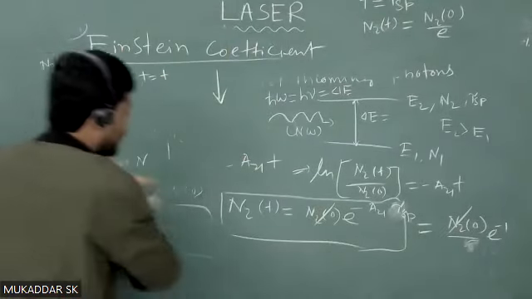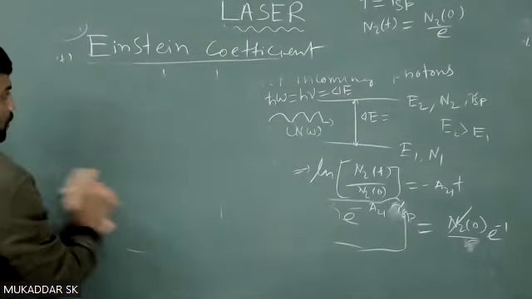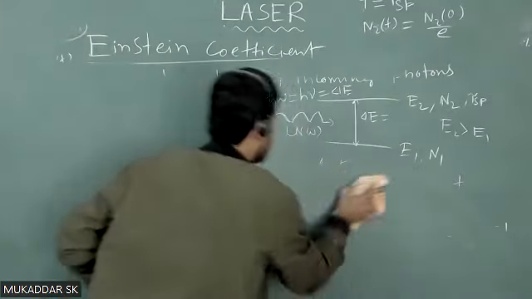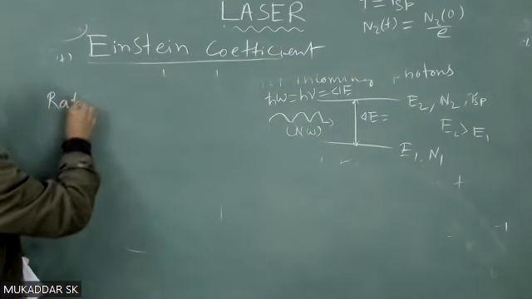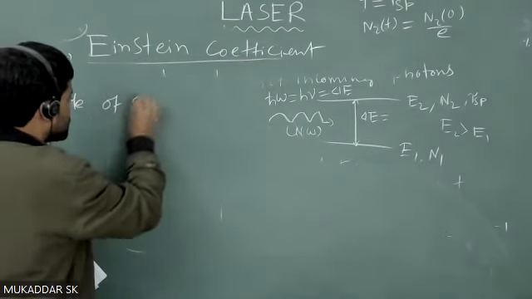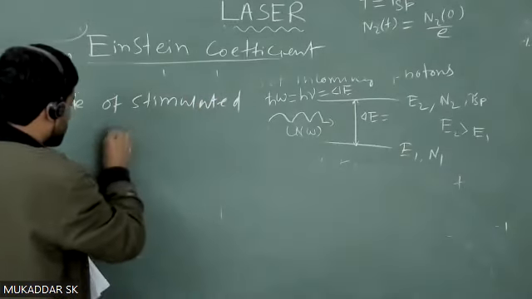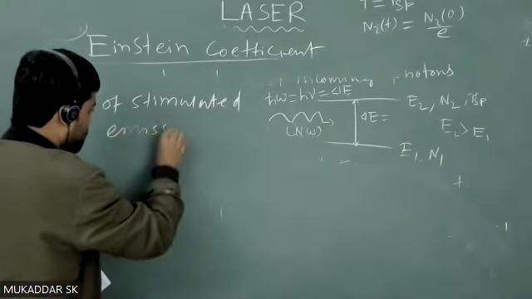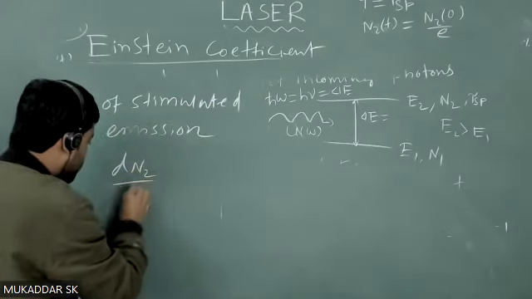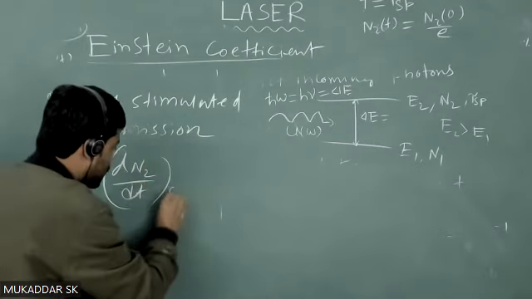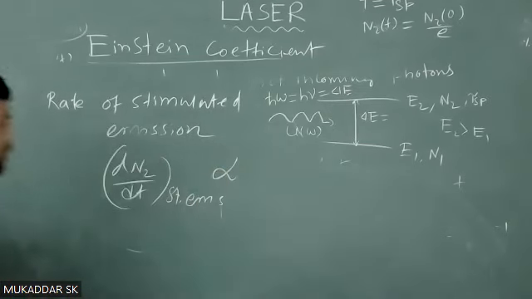Then you have a second type of process. This is known as stimulated emission. So I can write the rate of stimulated emission like this: dN2 by dt stimulated emission, and that will be proportional to what?